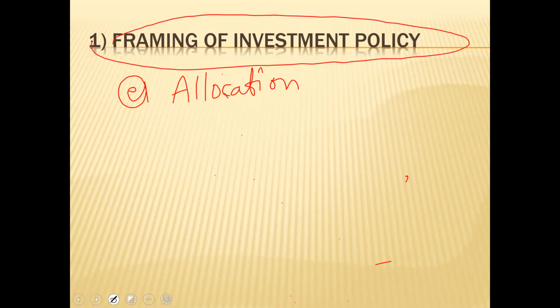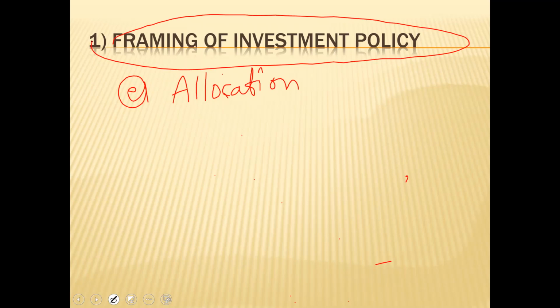Framing of investment policy. What is framing of investment policy? Framing of investment policy is nothing but every investor, before investment, is going to formulate the policy for systematic functioning. In this, there are a few ingredients included.